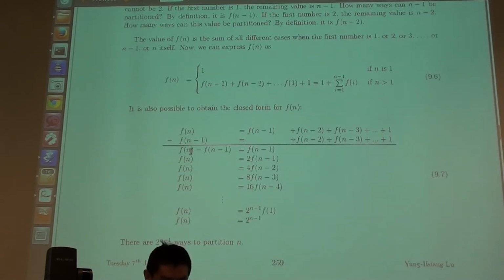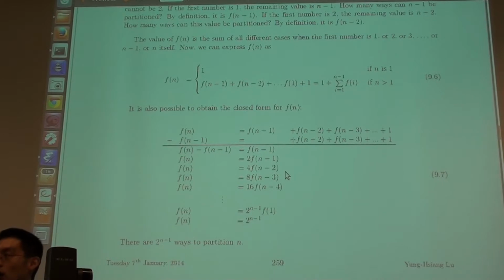So I can write Fn is 2 times Fn minus 1. And Fn minus 1 is 2 times Fn minus 2. Therefore, you just keep continuing. And F1 is 1. Therefore, eventually, you get Fn is 2 to the power n minus 1. Any questions? Going once? Any questions?